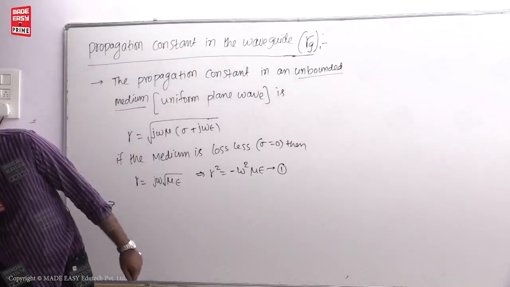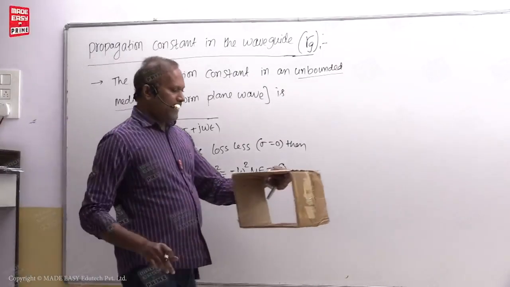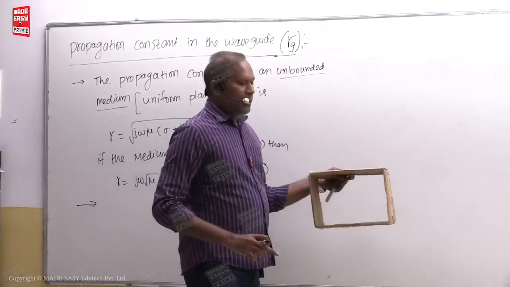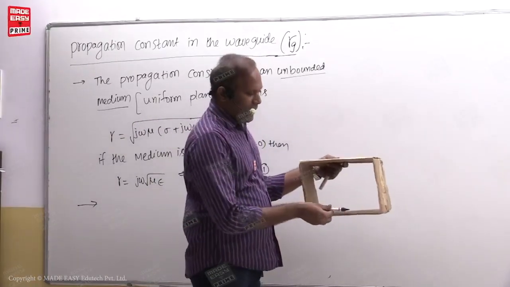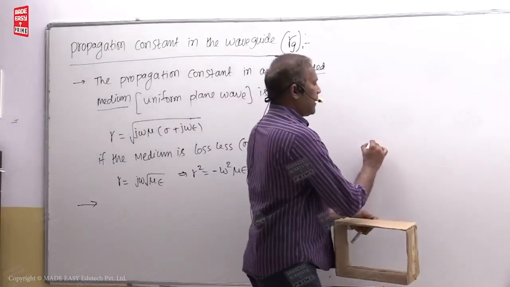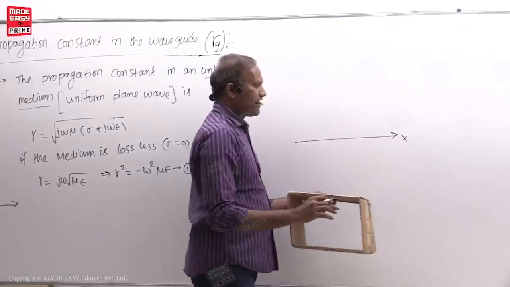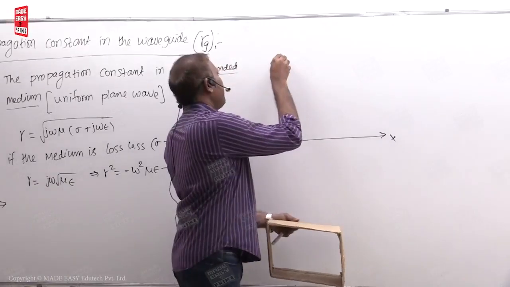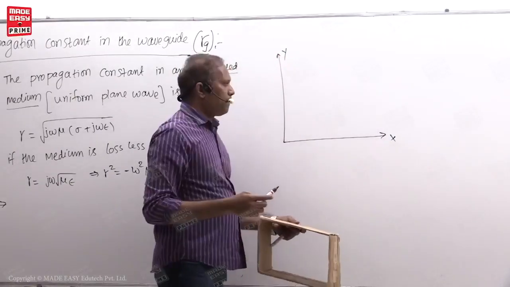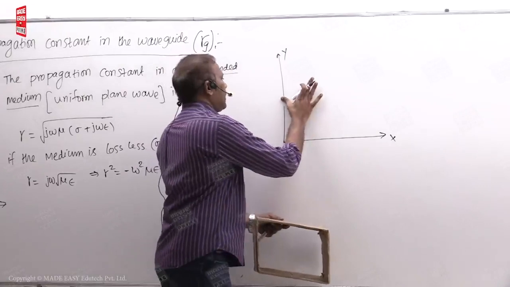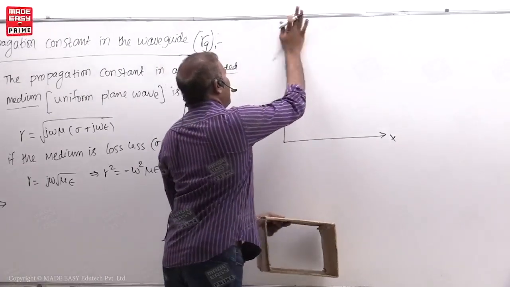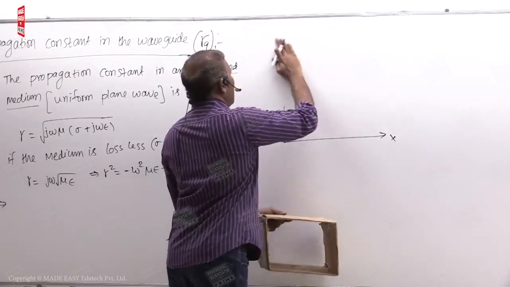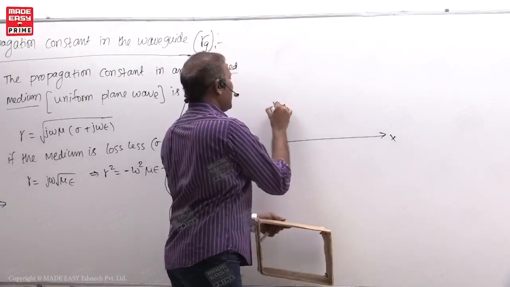Now this is the waveguide. We will take this as the x-axis, and we will take this as the y-axis.